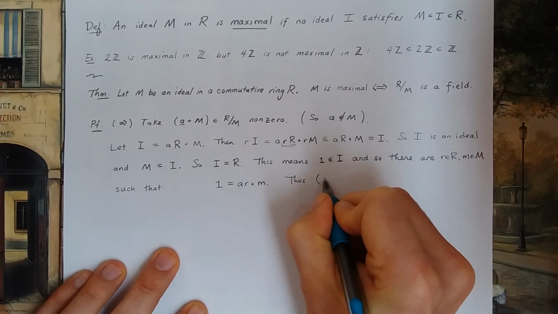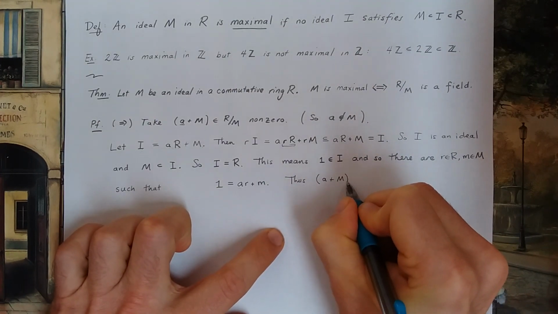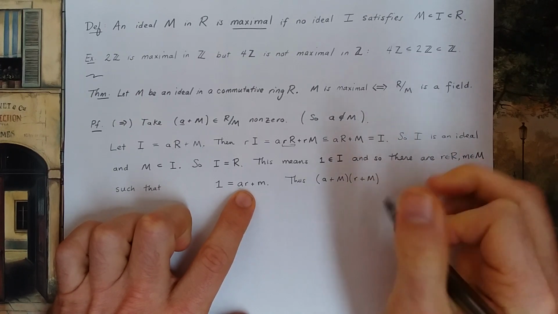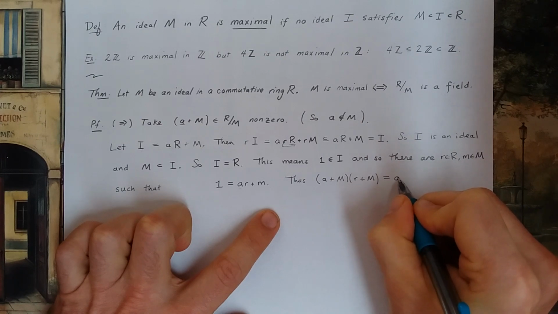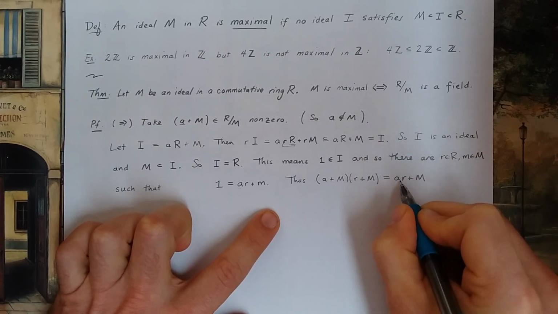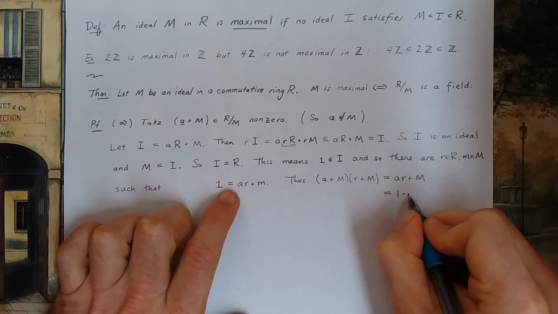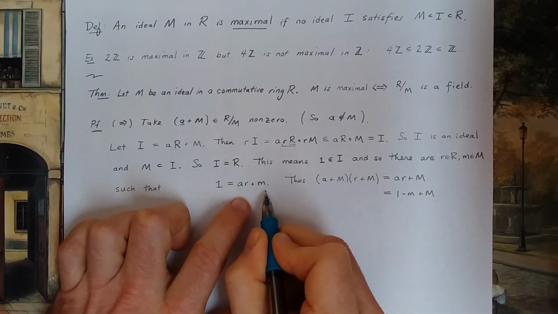Thus, watch this. a plus M times this little r plus M. Definition of multiplication in the factor ring is ar plus M. Now, ar is equal to 1 minus little m, I just rearranged this condition.